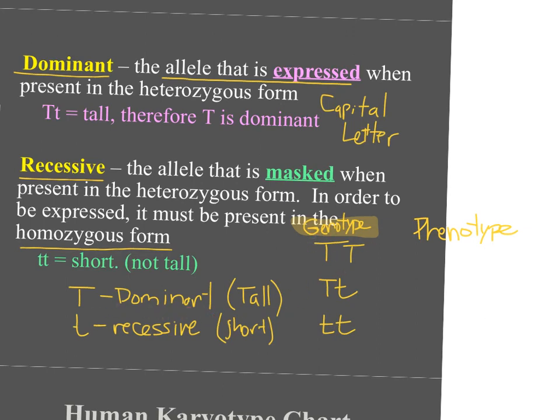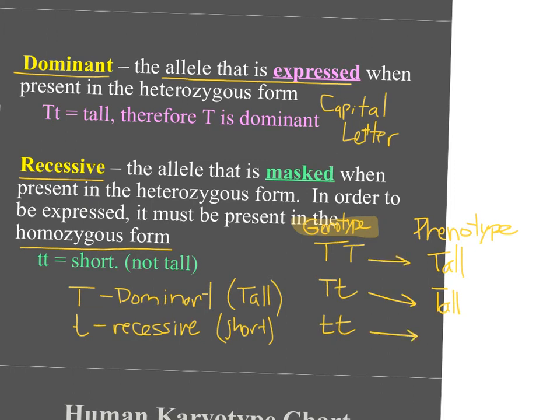If it has a capital T, then they're going to be tall, because capital T is dominant. So the person will literally be tall. Now, over here, there's a capital T and a little t. But we've talked about how little t is recessive, so it's not going to be expressed unless it's homozygous. So unless you have 2 little t's, it's not going to be expressed. Whenever you see a capital T that's dominant, that person will be tall. So this will be tall, this will be tall.